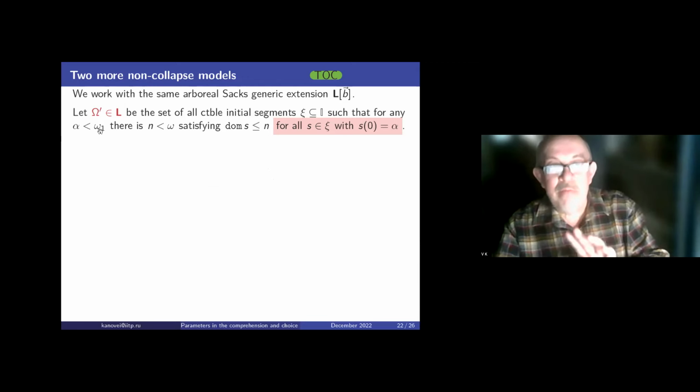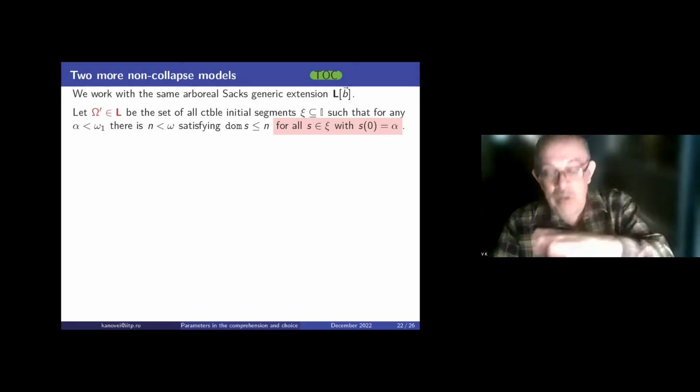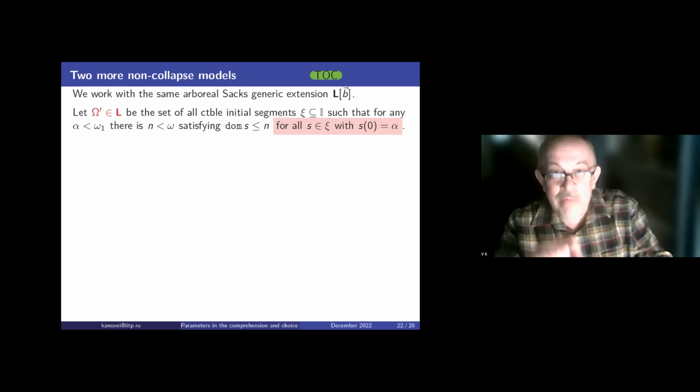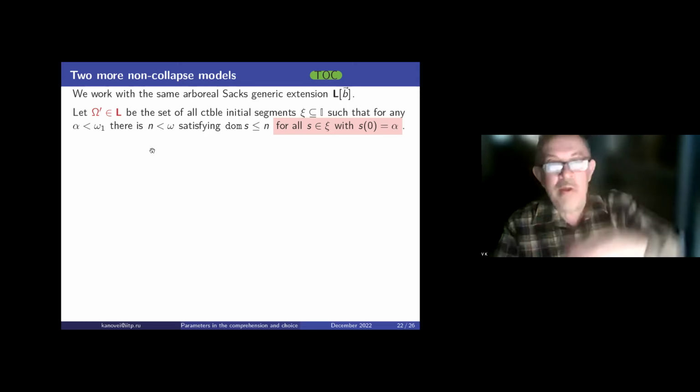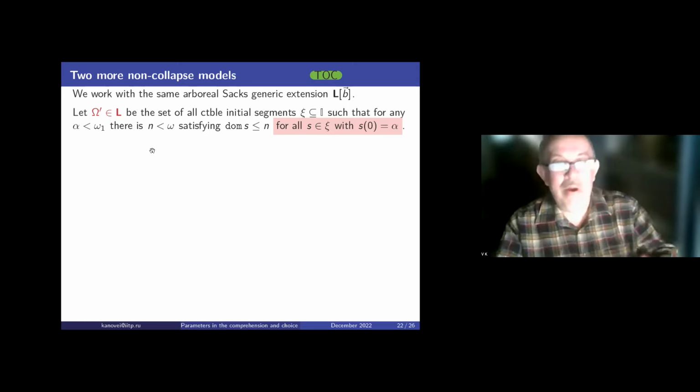That is, if alpha is less than omega 1, then we consider all indices which begin with this alpha. Let's call it a bush from alpha. Then such a bush has to be of finite height. But this height depends on alpha. So totally, it can be countably high, of course.